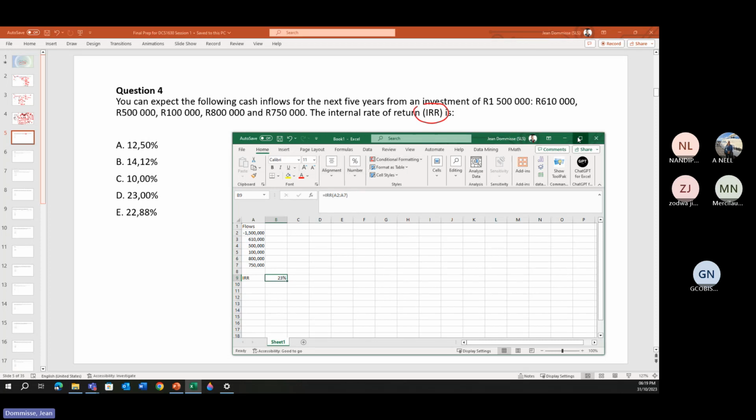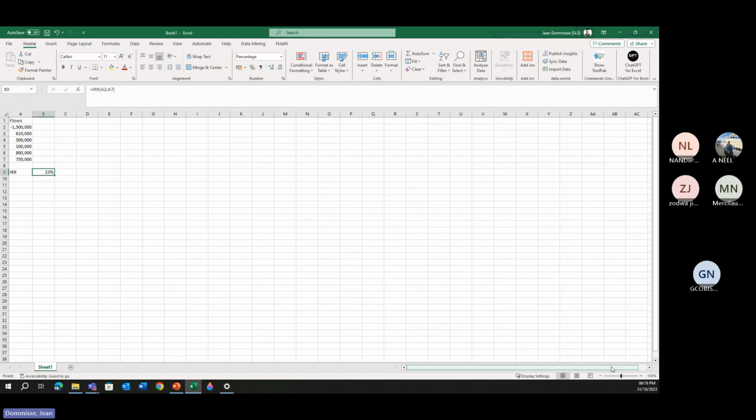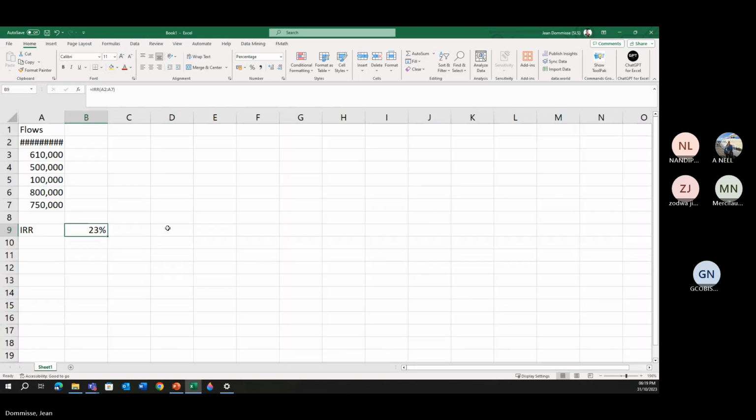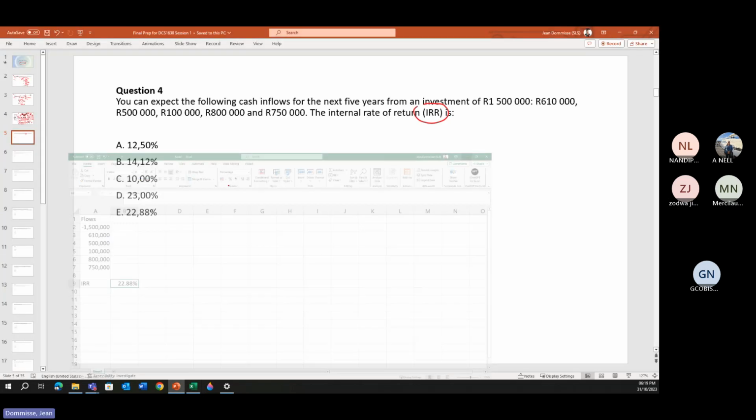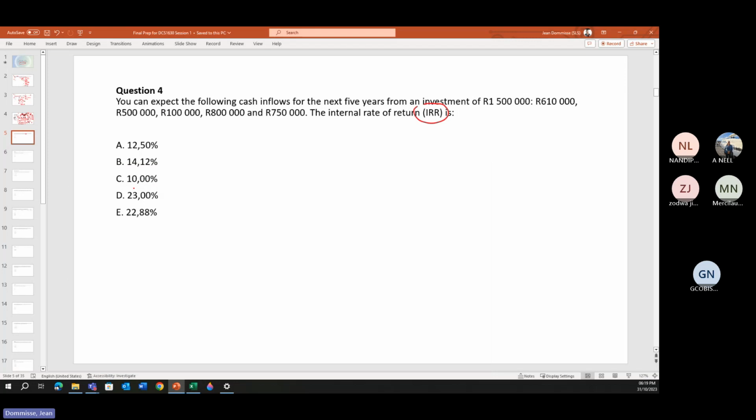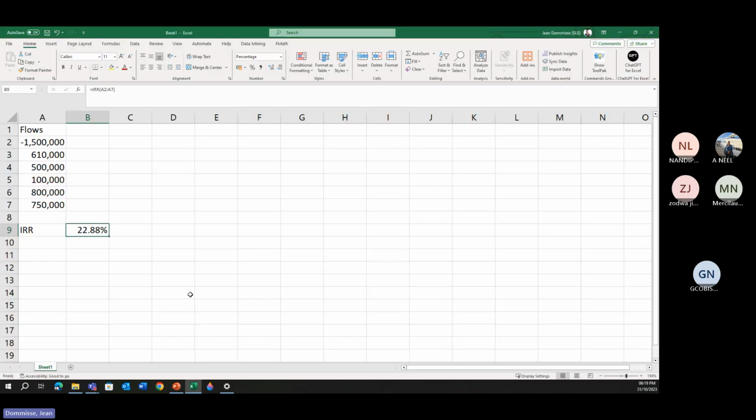So let me make that a bit bigger now. And let's put that. So 20.88, and that would be between 22.88. So you can also use your calculators.